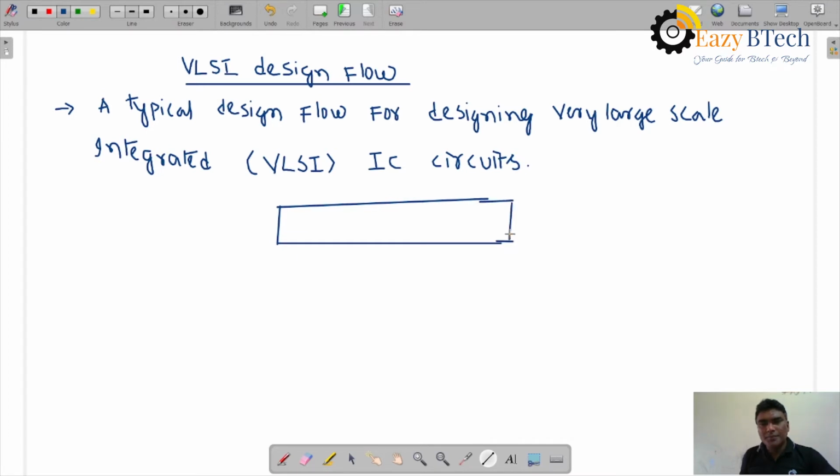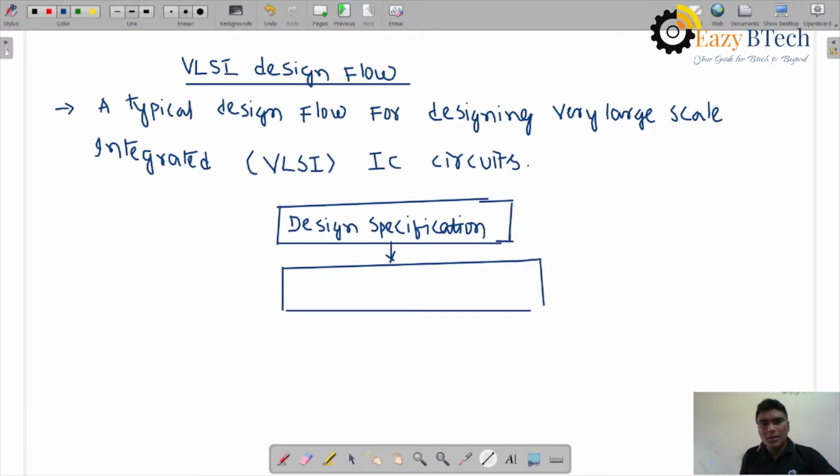The first one is we take design specifications. The second one is design entry.